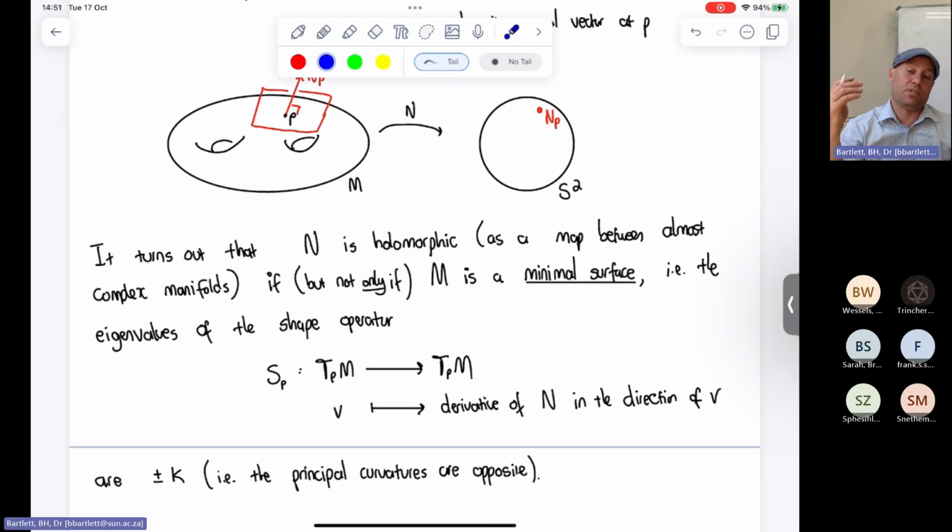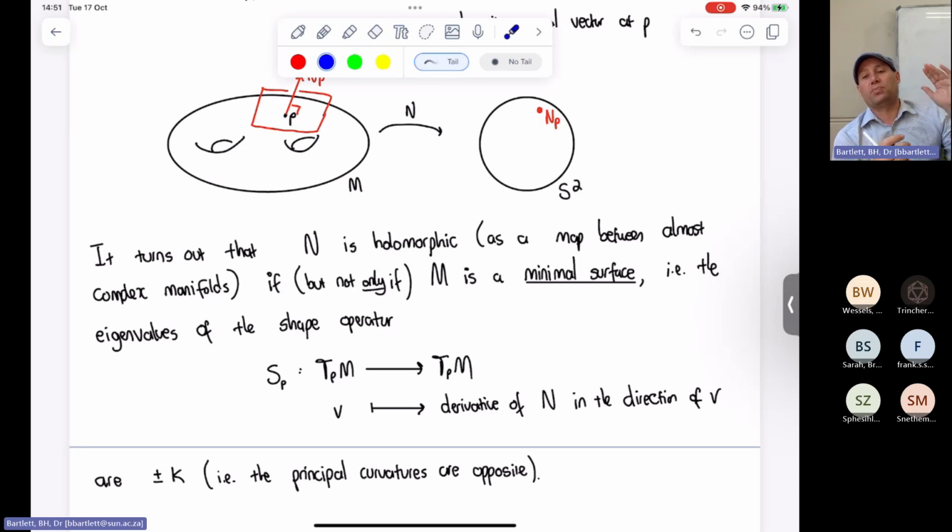In order for M to be a minimal surface, the definition is that the eigenvalues must come in opposite pairs. So you must have plus kappa and minus kappa. Those are called the principal curvatures. In general, those will just be 2 different numbers. For the 2-sphere, for example, they're both 1 and 1. That's an indication that the 2-sphere is positively curved.